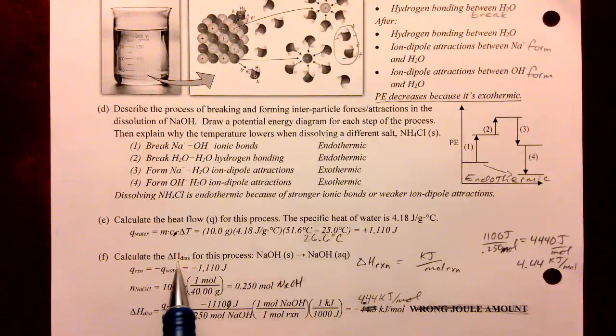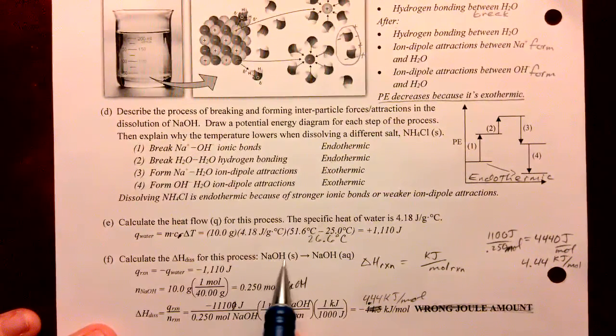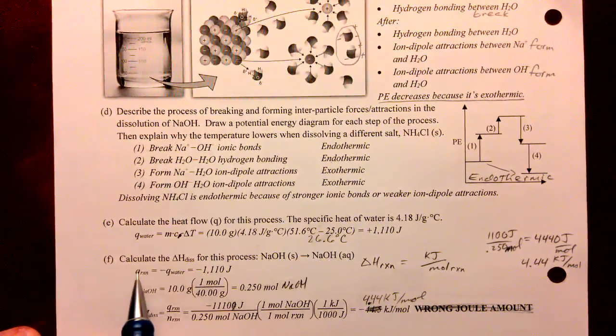So what's the calculation for the delta H dissociation? So this is change. Capital H here is not hydrogen. It is heat. It is energy. And that's dissociation. That means for this to come apart and then get dissolved. So the heat for reaction, Rxn is reaction, is the negative of whatever happened to the water. Because where did the heat come from? It came from the reaction. Where did it go?